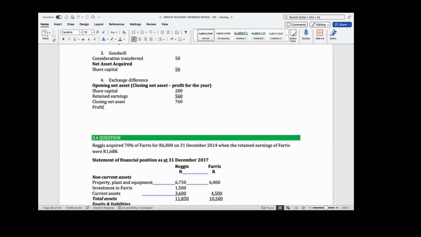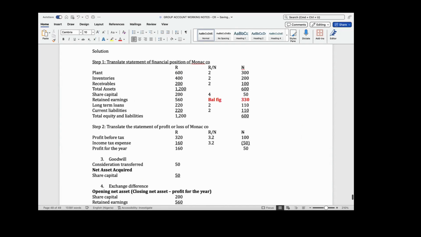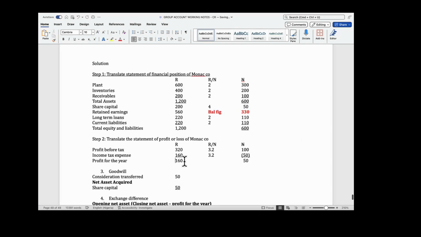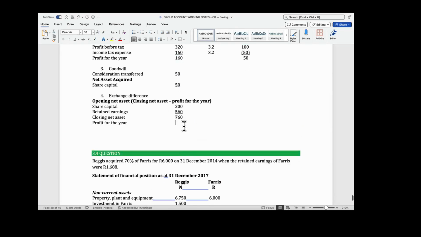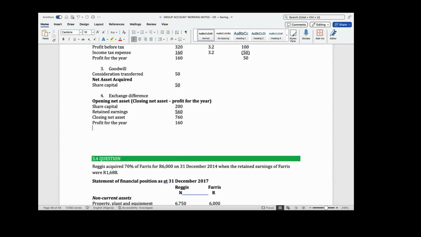If I take away my profit for the year, which is 160, that brings me back to opening net assets, which is 600.